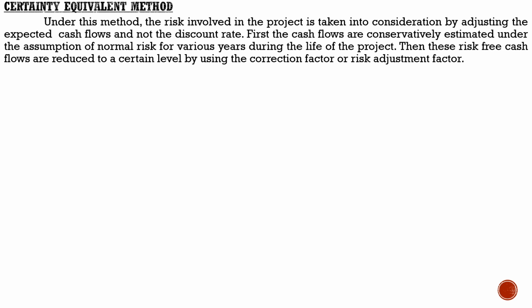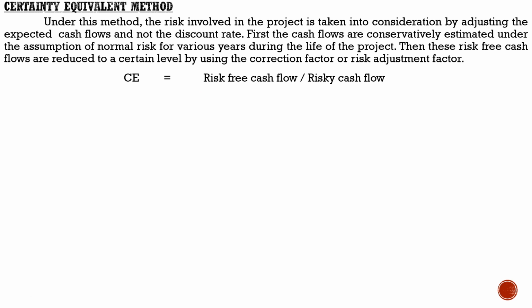The equation for finding the certainty equivalent factor is certainty equivalent, otherwise written as CE, equals risk-free cash flow divided by risky cash flow. In the question, you will be given risk-free cash flows as well as risky cash flows. From that, you need to find the certainty equivalent factor. In almost all cases, the certainty equivalent factor will be directly given in the question. But still, remember this equation, because sometimes they may not give the factors.